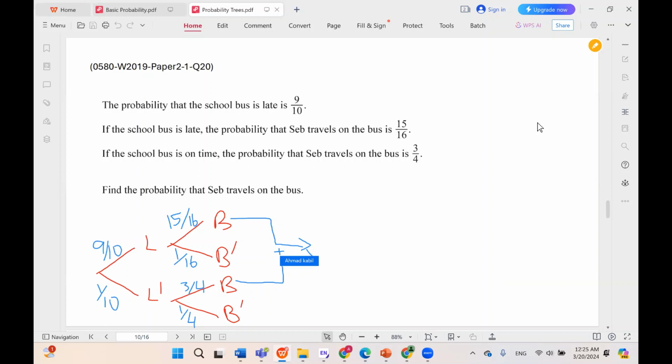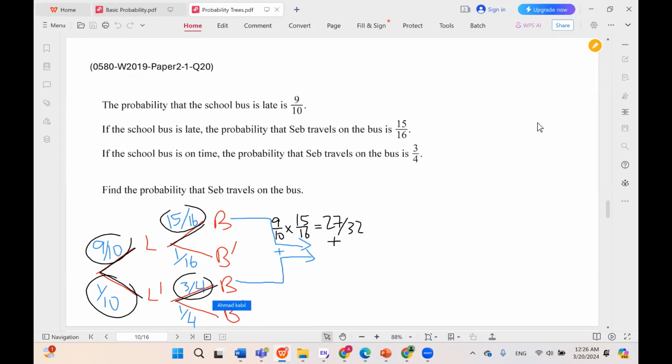We're going to add them up together. So for the first event, we have 9/10 times 15/16. You can use your calculator to figure this out. You get 27/32, plus the second event, which is that the bus is not late and he uses the bus.